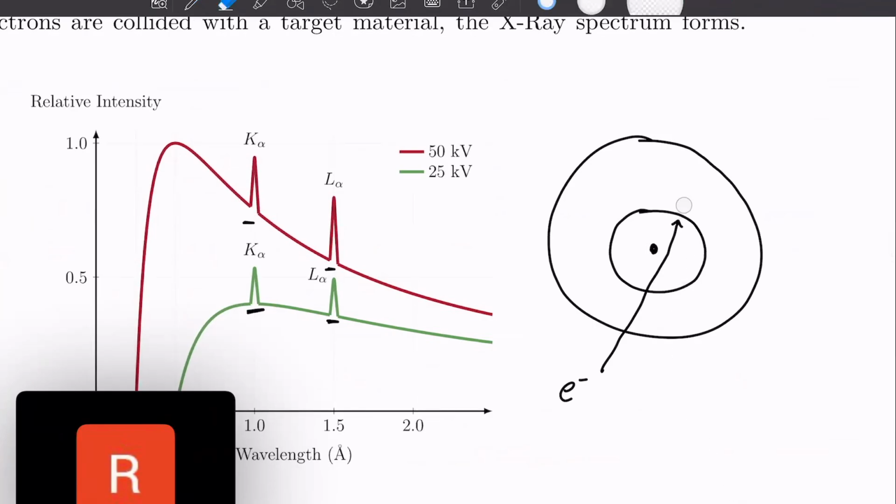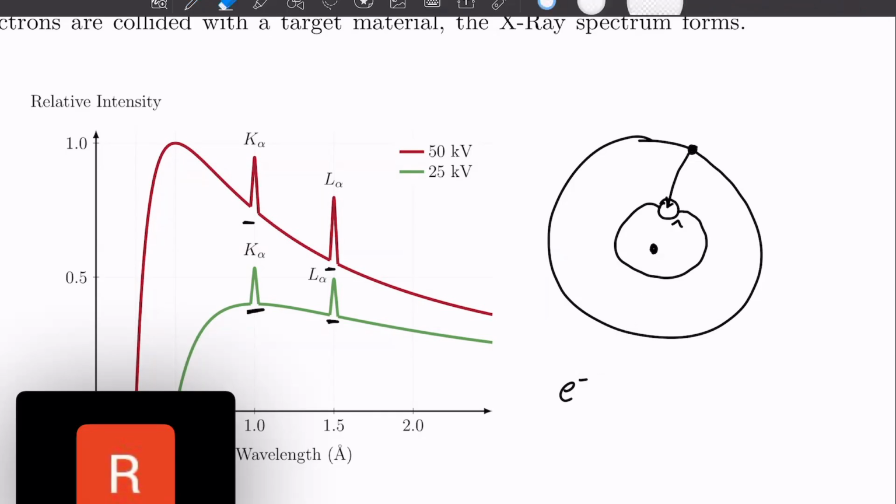It's just gone. So when this electron is emitted out, now there's an empty shell, or I guess you can just say there's a spot there, and so an electron in a higher energy level is able to move down.